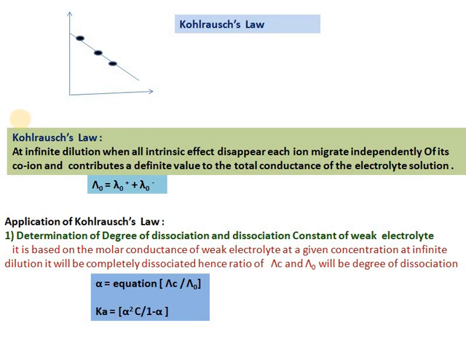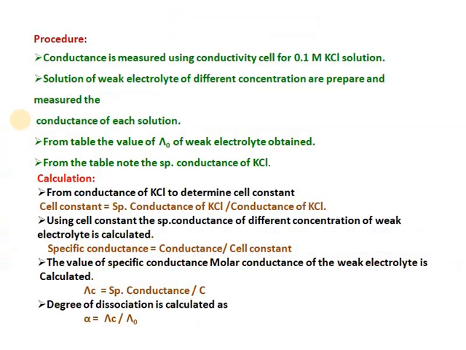So alpha is equal to lambda c upon lambda 0, the degree of dissociation, and the dissociation constant Ka is equal to alpha square into c upon 1 minus alpha.